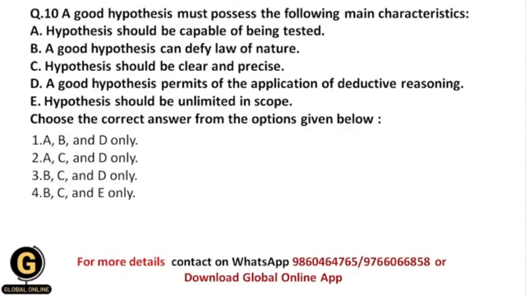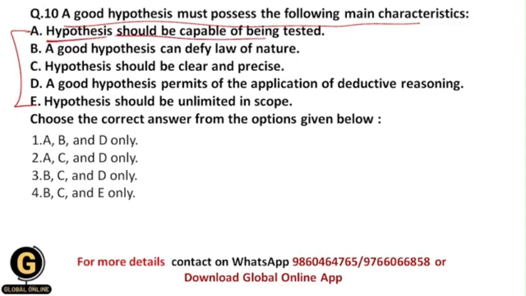A good hypothesis must possess the following main characteristics. Now over here they have given some characteristics of hypothesis. So we need to identify the main characteristics of a good hypothesis. Let us see the different characteristics. Hypothesis should be capable of being tested. So it means that hypothesis should have testability.